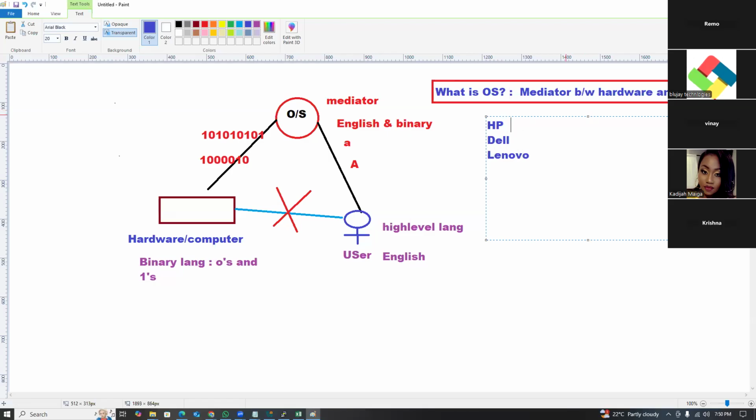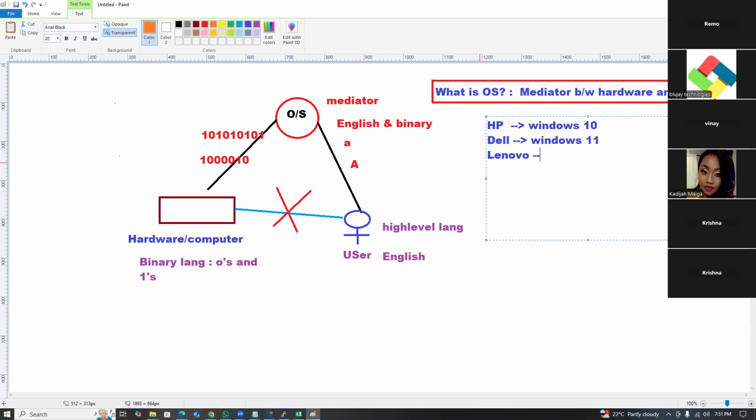In this hardware, which OS did you install? Windows 10, Windows 11.